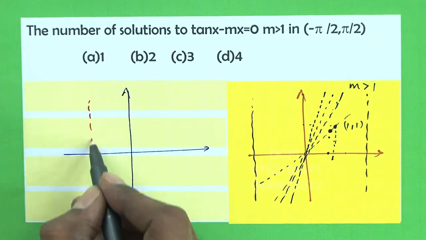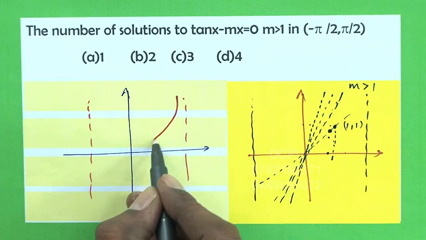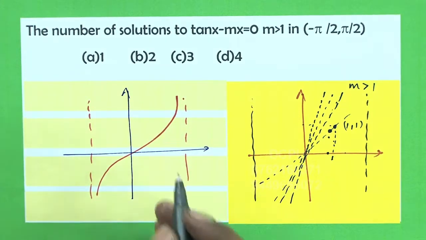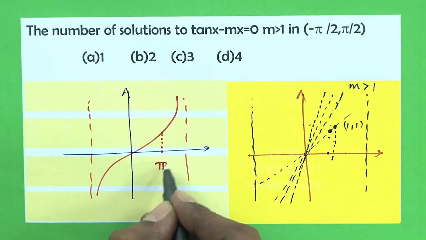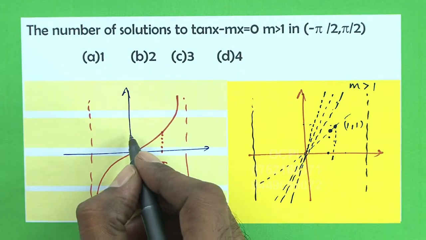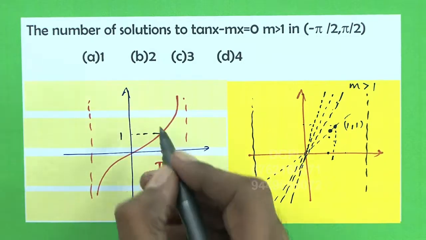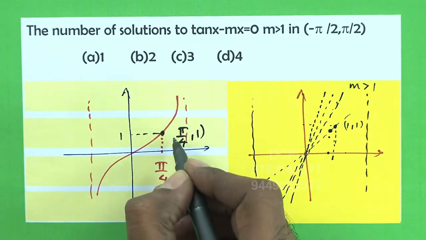The graph is clearly like this. A very crucial point is pi by 4. When x is pi by 4, tan x is 1, correct?